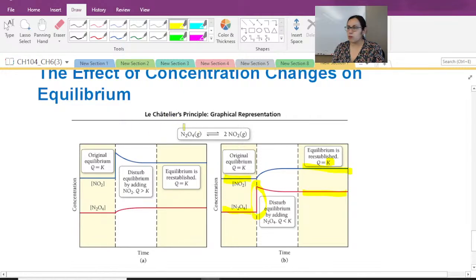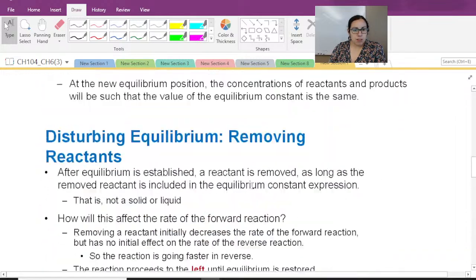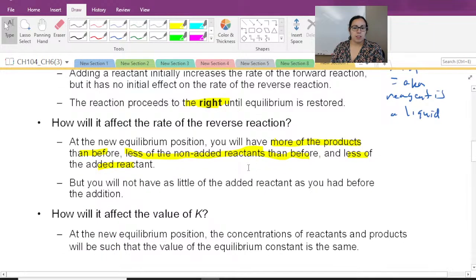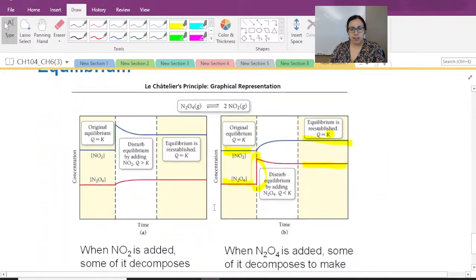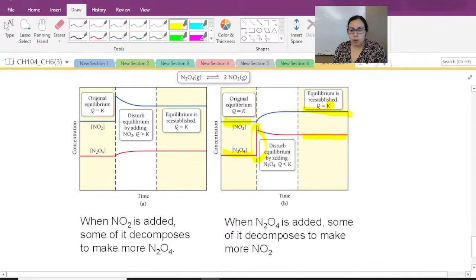So obviously if we had another reagent, that would be decreased because it was going to our product side, but that wasn't the case. And again, it mentioned that we'll have more products and less of the added reactant. And again, all that was saying is we artificially added a bunch, but then we consumed some of it as it was pushed to the product side.